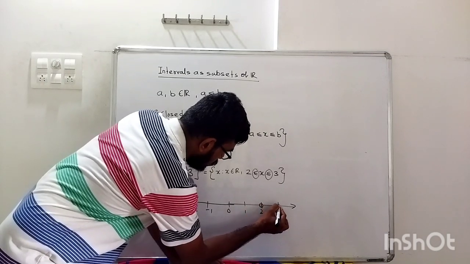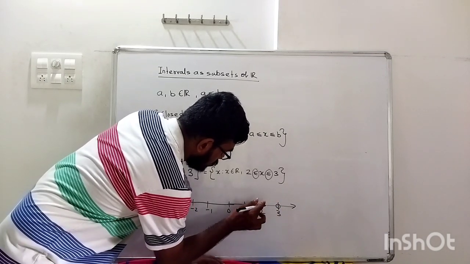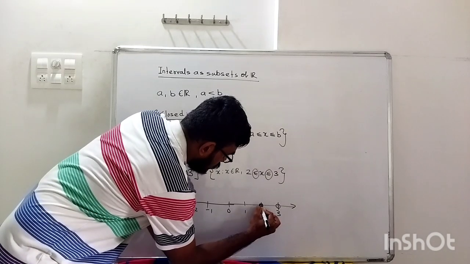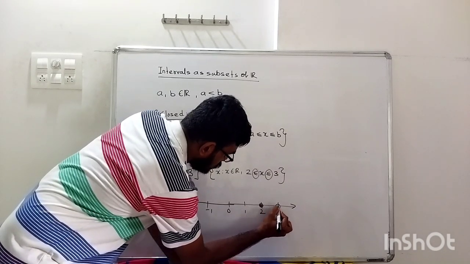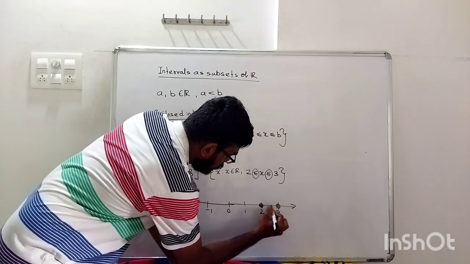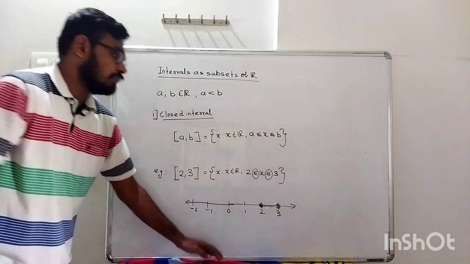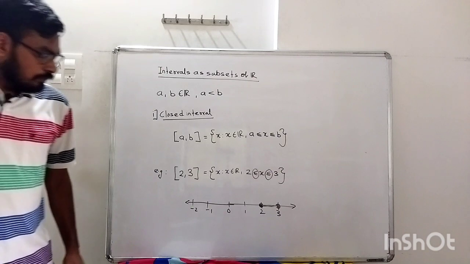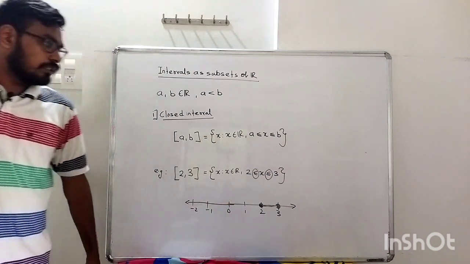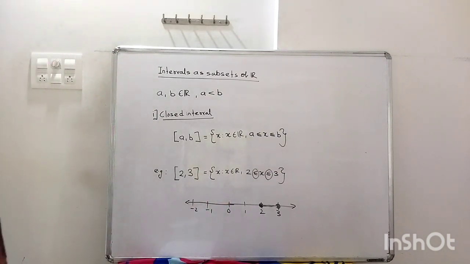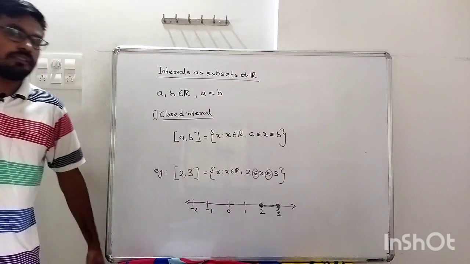Just draw two circles here and dark those circles, like this. Then just make this line also little dark. So on the real number line we show it like this. This is called as closed interval.